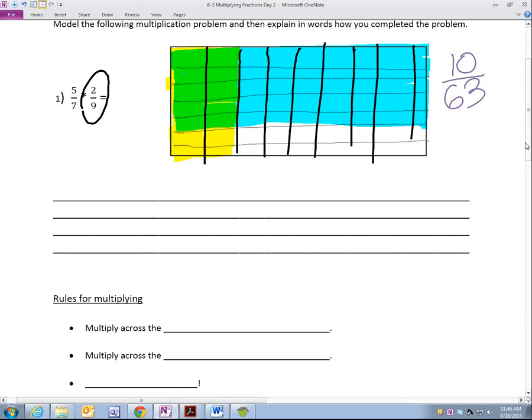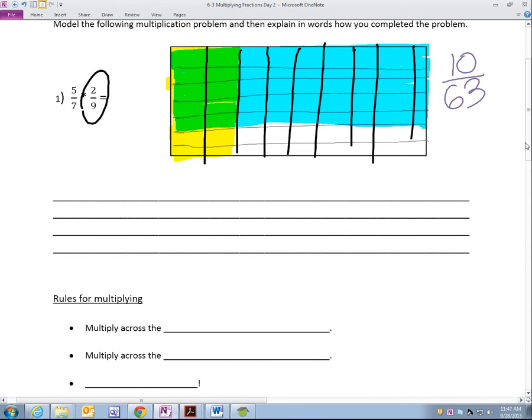So you're explaining how you completed the problem, because all you see is just an empty square. Good. So you draw the lines from the denominator. Okay, so each denominator is going to be broken up, right? Good.